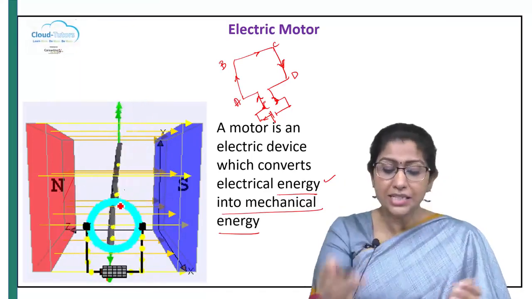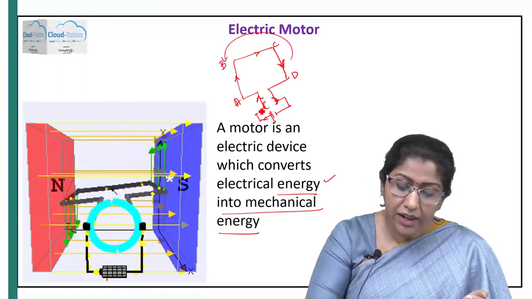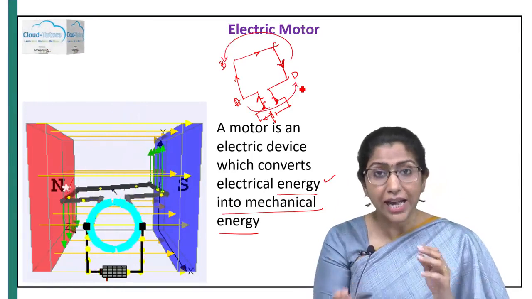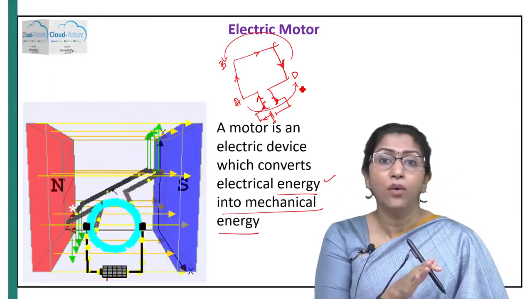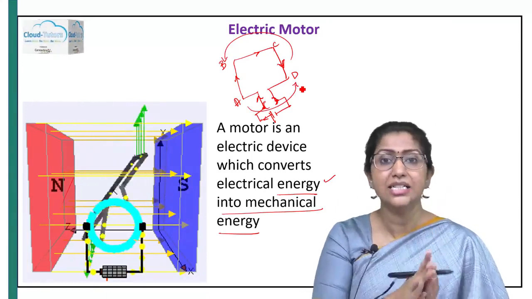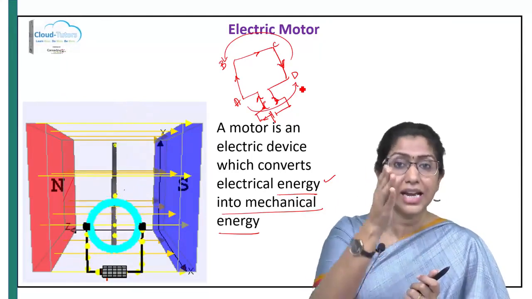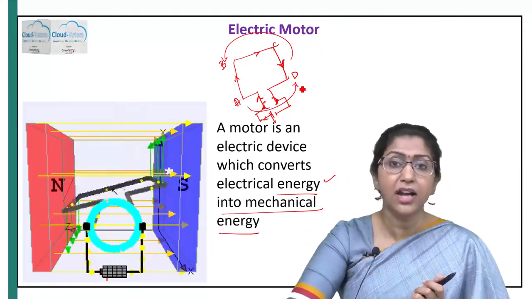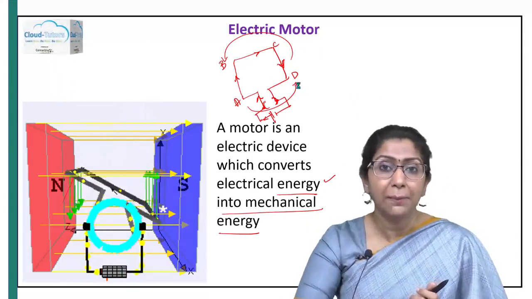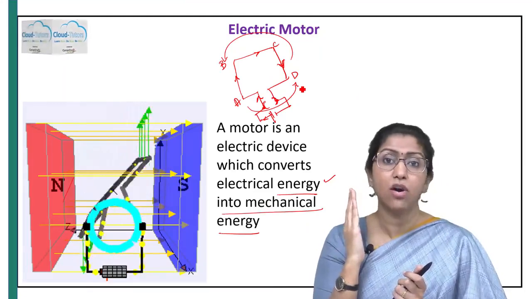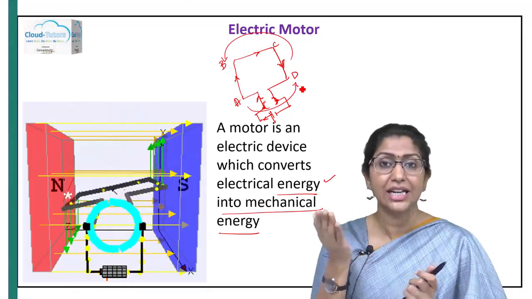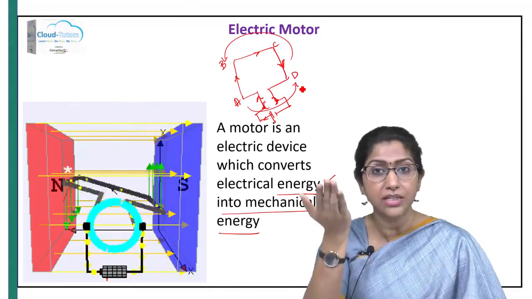So CD comes here and AB goes here, and hence the direction of the electric current flowing through the CD side is now in this direction, and it again experiences a downward force, and AB, which has a direction of the electric current flowing towards me, opposite to the side CD, experiences a force which is upwards now.